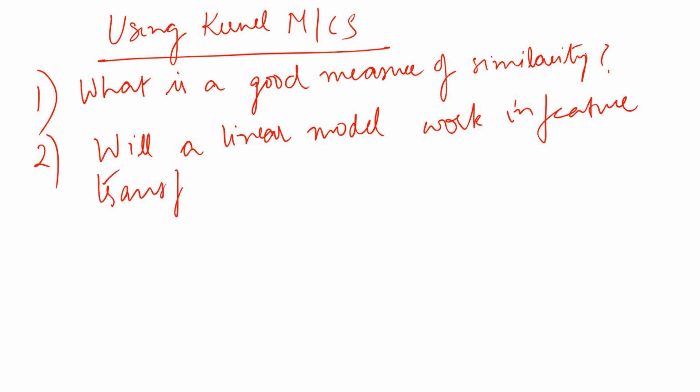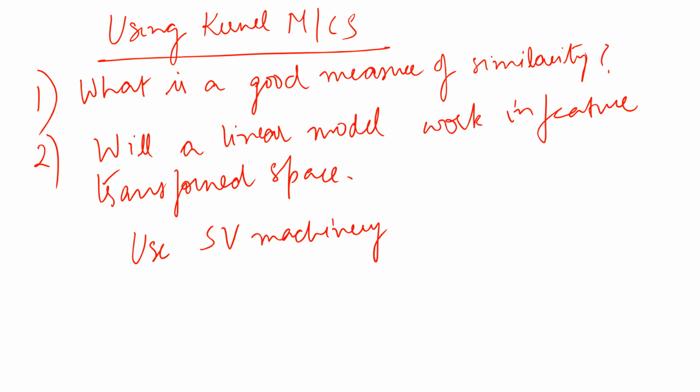And then finally, having come up with a good measure of similarity, we can use the support vector machinery, essentially all the important components of it, to solve any problem.